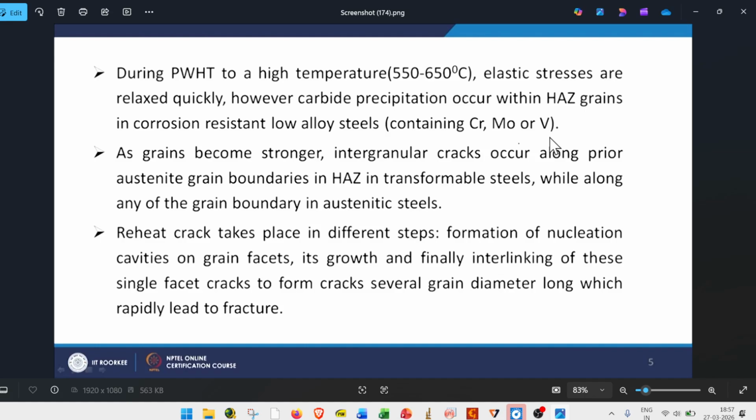Reheat cracking takes place in different steps: formation of nucleation cavities on the grain faces and their growth, and finally interlinking of those single facet cracks to form a crack several grain diameters long, which rapidly leads to fracture.